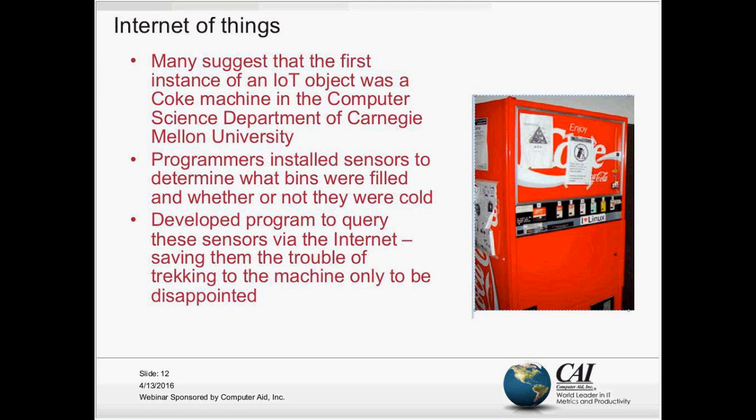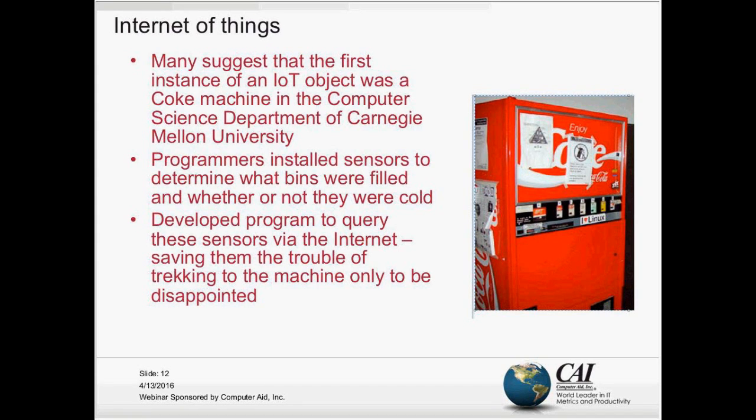At Carnegie Mellon, the computer science department was located fairly far away from the Coke machine, or the soda machine. The programmers were constantly taking this relatively long trek to the machine, only to find out that their favorite beverage was missing, or that the machine had just been restocked and it was there, but it wasn't cold. It was room temperature.